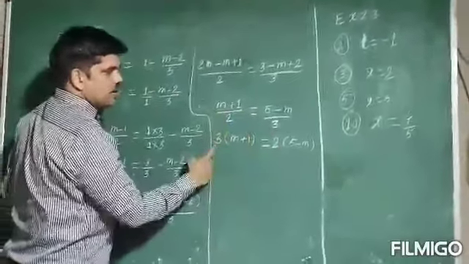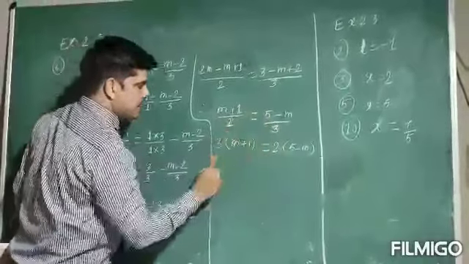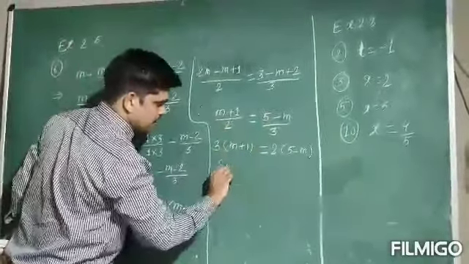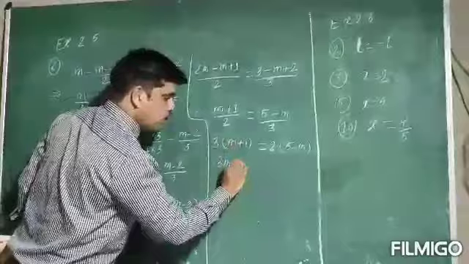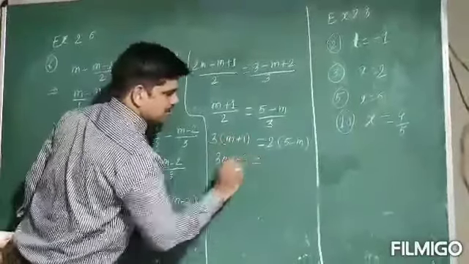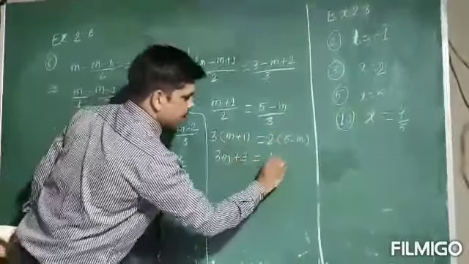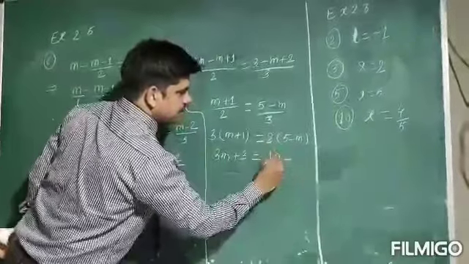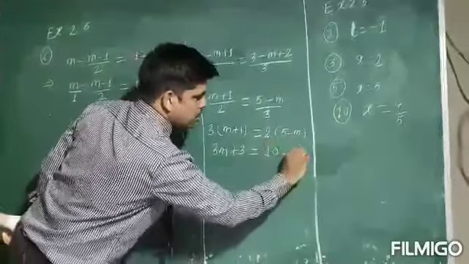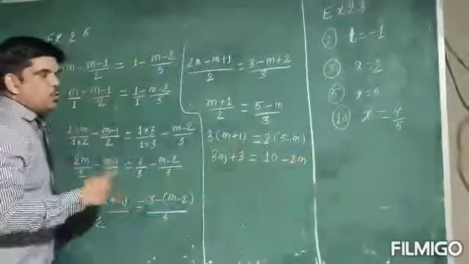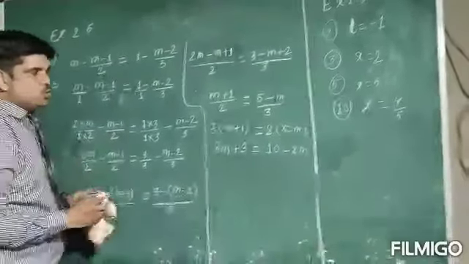This into this I wrote here, this into this I wrote here. So 3 into m is 3m, 3 into 1 is 3, is equal to 2 into 5, 10, minus 2 into m, 2 into minus m is minus 2m.